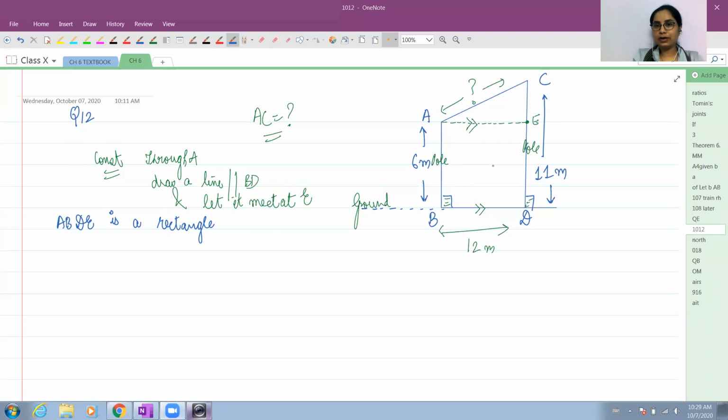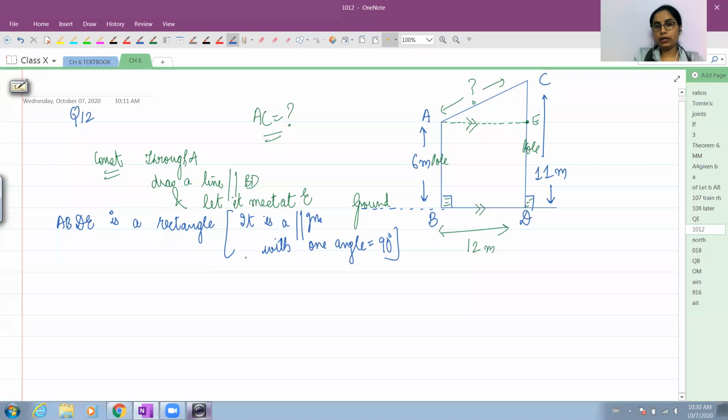ABDE is a rectangle because we have pairs of opposite sides parallel. So this is a parallelogram in which one angle is 90 degrees. If you want, you can write down that it is a parallelogram with two angles 90 degrees. So this will be a rectangle.